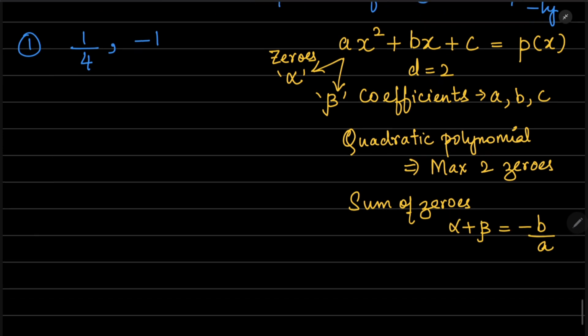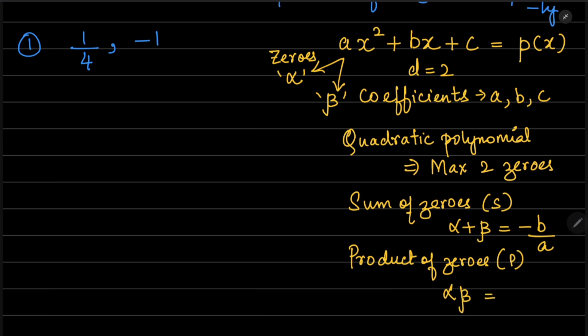This is the formula. And the product of the zeros, alpha into beta, is equal to c by a. So if you know the alpha and beta values, you can calculate the sum and you can find out the product.